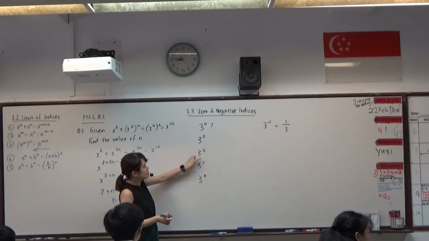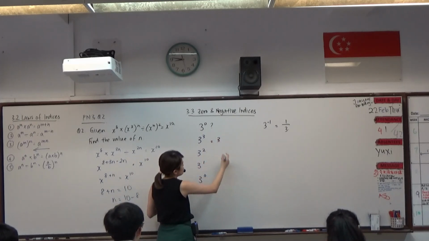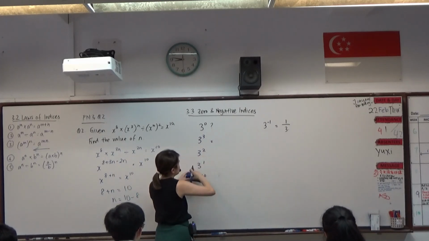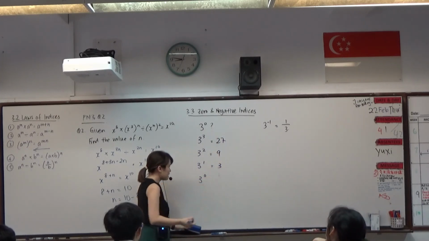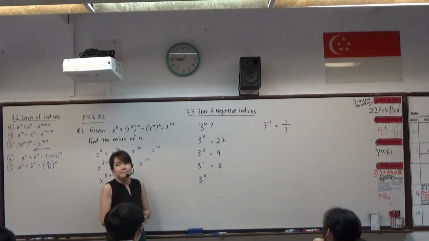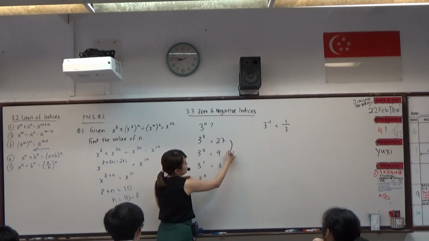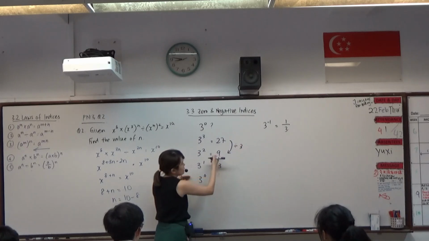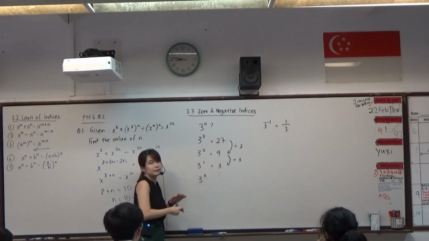My powers are in decreasing order. 3 cubed is 3 times 3 times 3, and that gives us 27. 3 squared gives us 9. 3 to the power 1 gives us 3. Moving down this order, what do we observe? 27 divided by 3 gives us 9. 9 divided by 3 gives us 3.